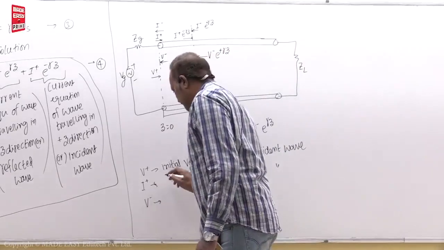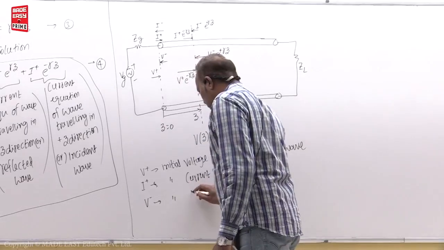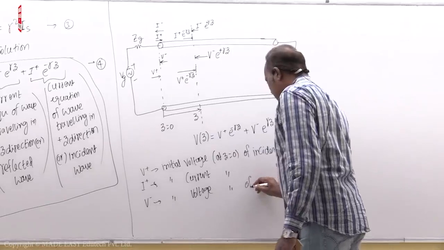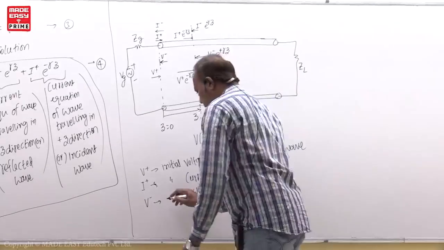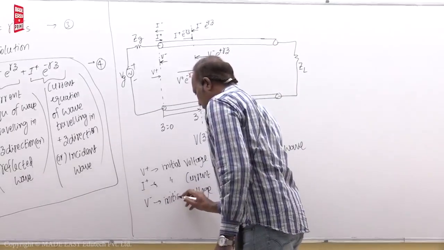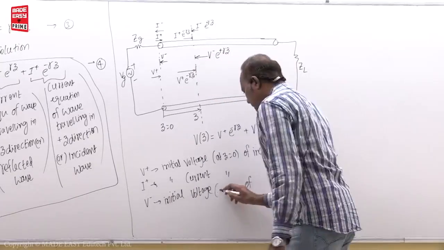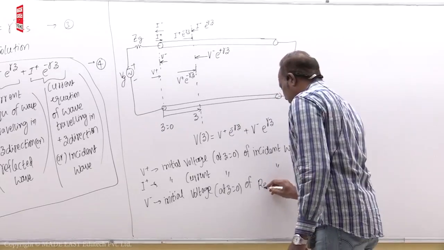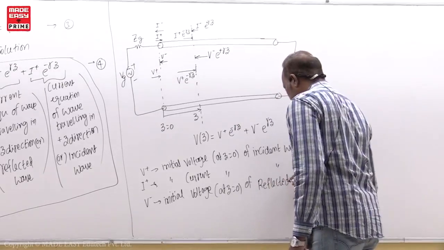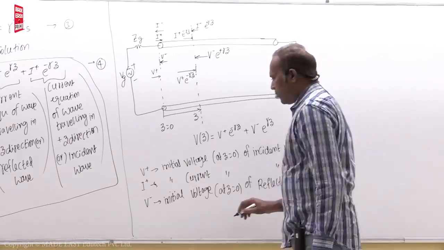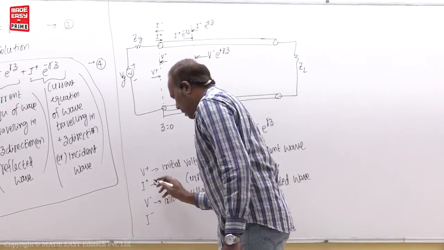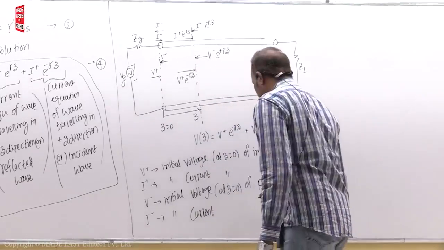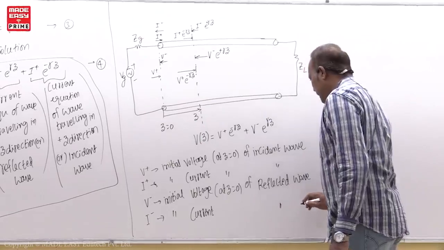V minus is the initial voltage, that means at z equal to 0, of the reflected wave. I minus is the initial current of the reflected wave.